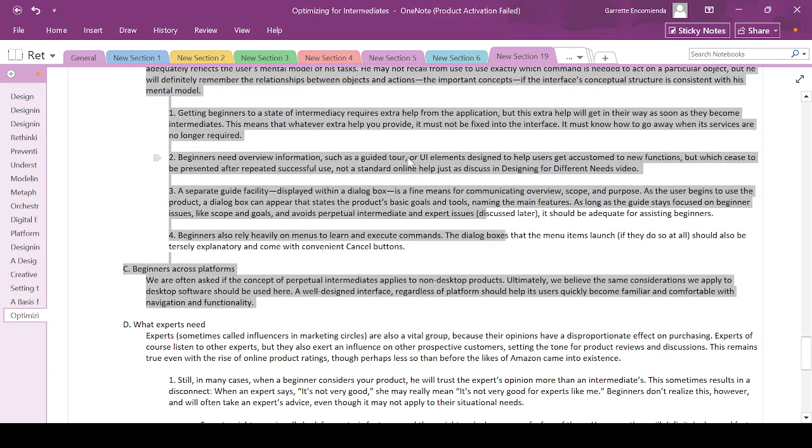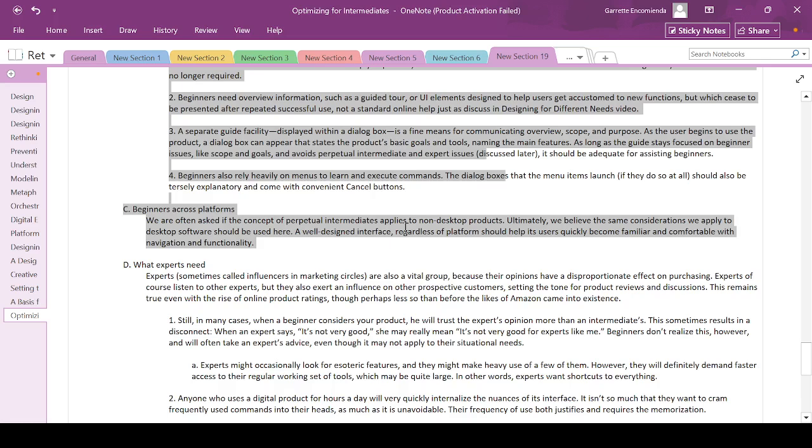So here you provide those UI tools, you welcome with a guided tour, and then you make that vanish once the users are comfortable. A separate guide facility displayed within a dialog box is a fine means for communicating overview, scope, and purpose. As the user begins to use the product, a dialog box can appear that states the product's basic goals and tools.